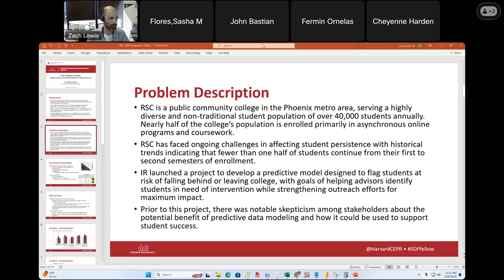This is where the efforts to interact with advisors came in. We know from previous literature, and from the experience we had with RioPace, that there were some credibility issues.